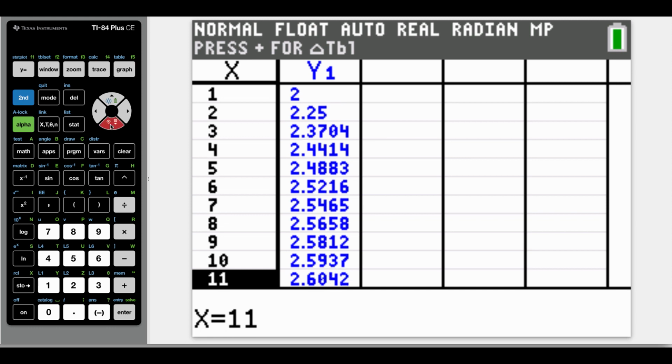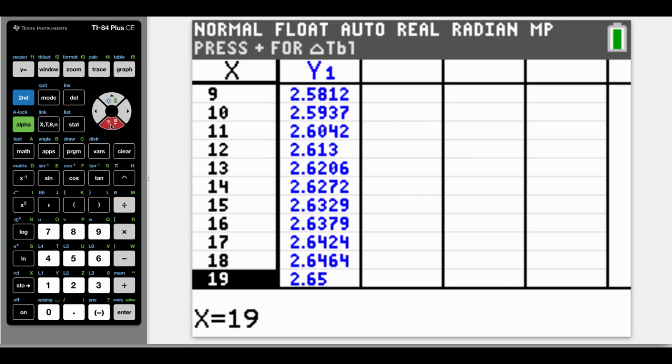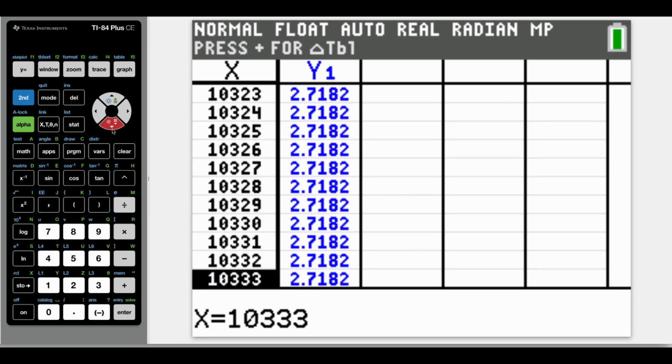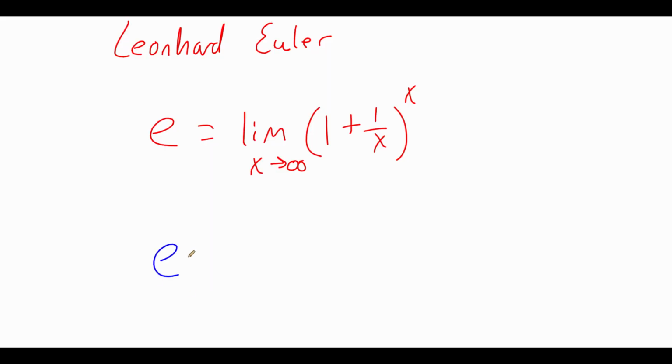So I'm going to keep increasing my x values in this table, and I'm going to look at what number my y's start to approach. So I've taken my x values all the way above 10,000, and we're getting a y value of 2.7182, and that's a pretty good approximation as to what e actually is.